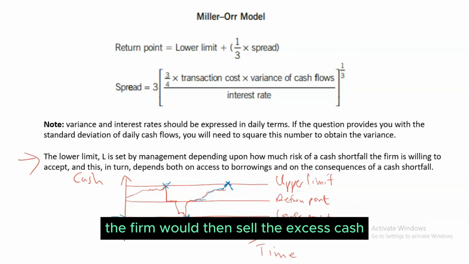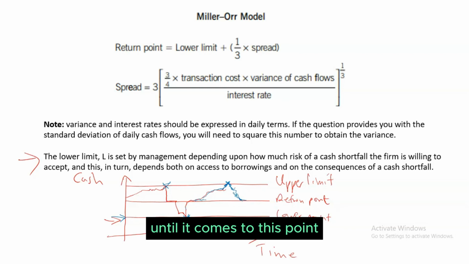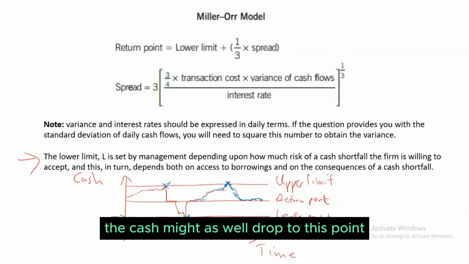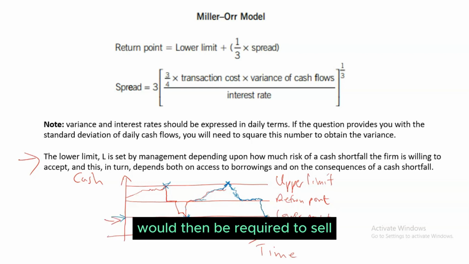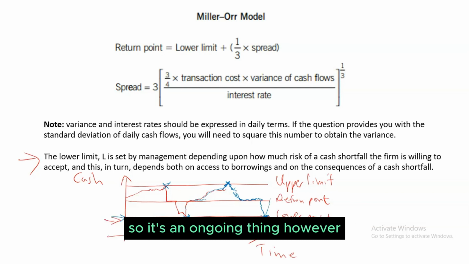So the firm would then use the excess cash until it comes back to the idle point. However, the cash might as well drop to this point, which means the firm would be required to sell those marketable securities so that they get the cash to trade again. So it's an ongoing thing.